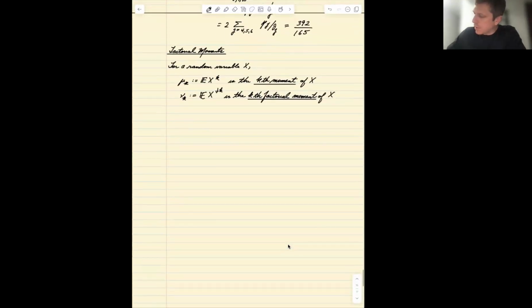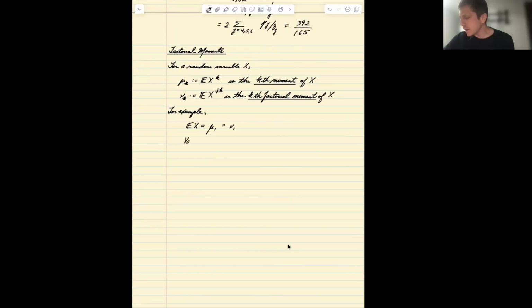So for an example, expectation of x, the first moment, is also equal to the first factorial moment because x falling factorial 1 is just x.